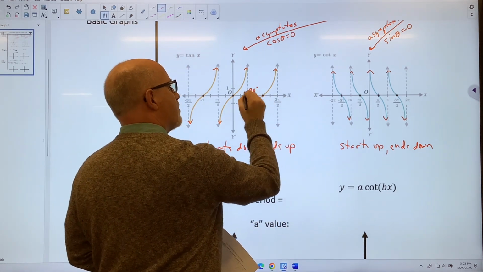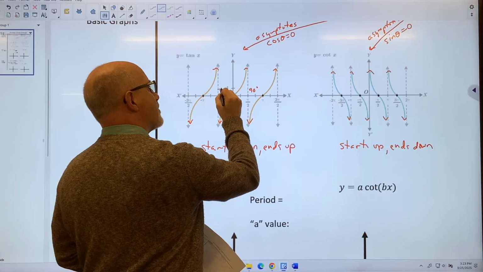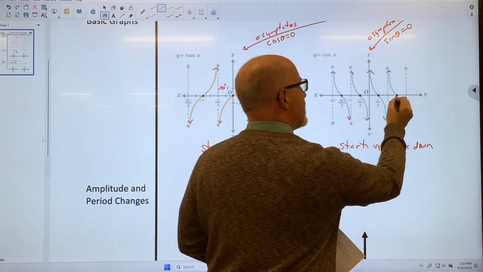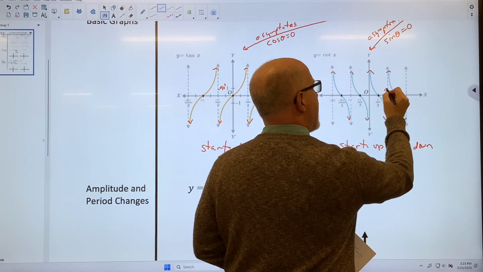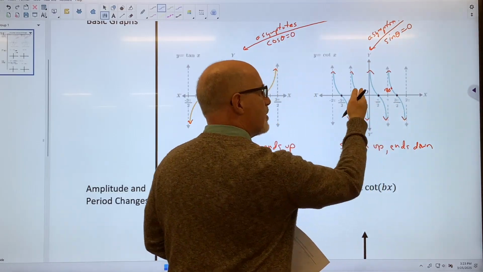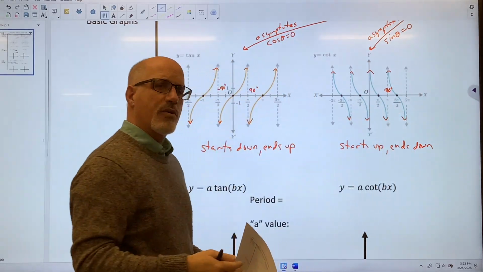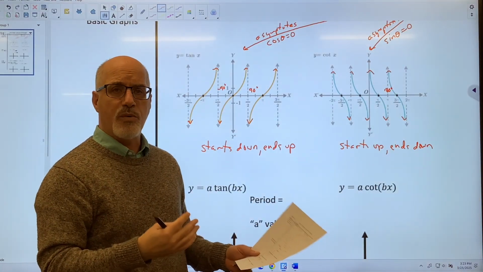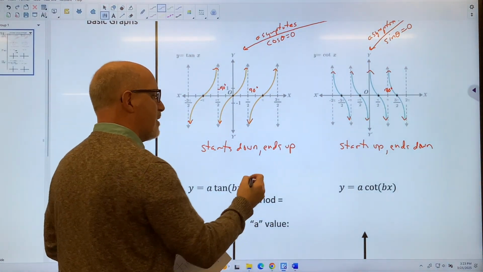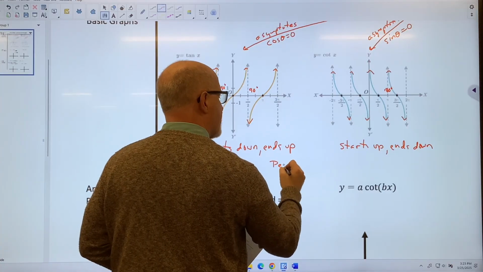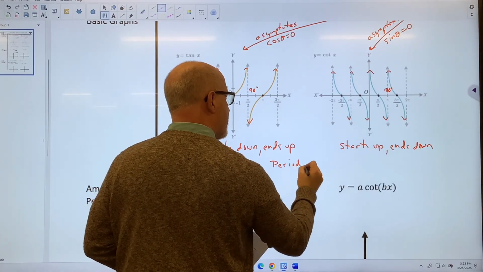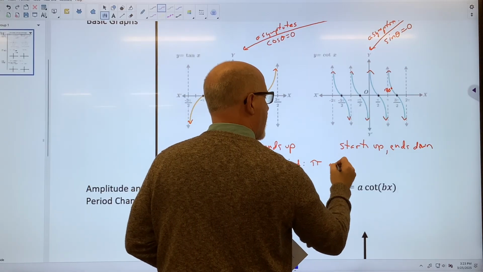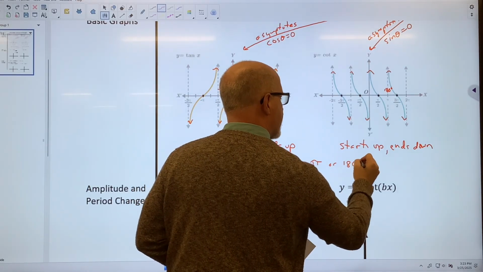If you did this, it'd be 90 degrees, and this would be negative 90 degrees for these asymptotes, whereas this one, pi, would be at 180 degrees. So notice 180 degrees would be our period. That's half of what the standard period was for sine or cosine. So the period for both of these is pi or 180 degrees.